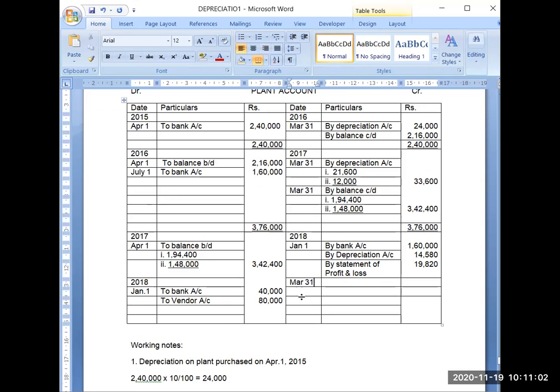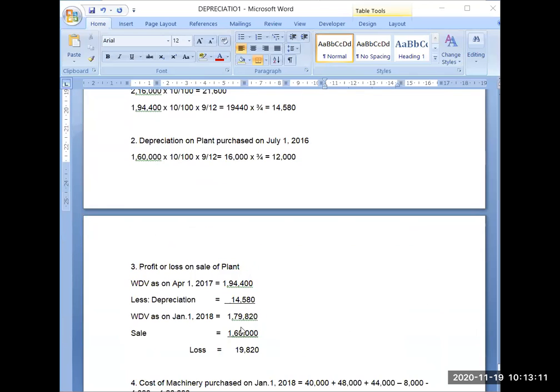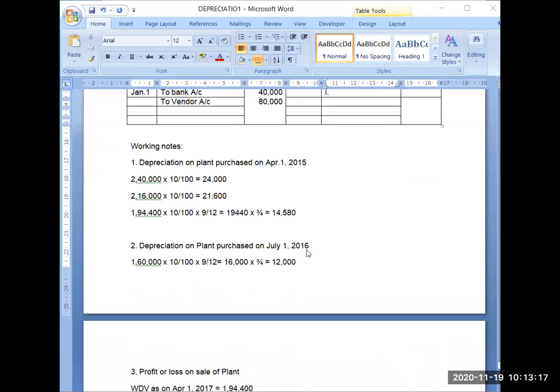Now on March 31st, we will be charging the depreciation. Again, two plants are there now. So first plant depreciation. So we will calculate the depreciation on this machine.